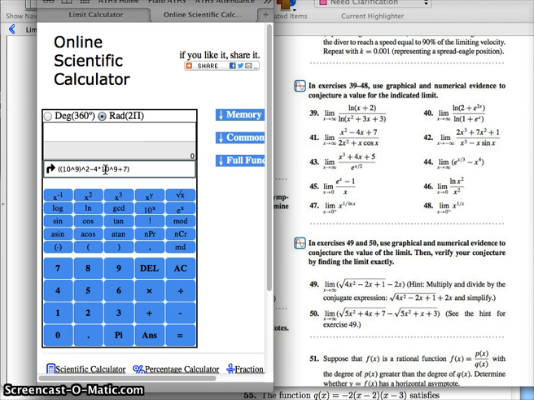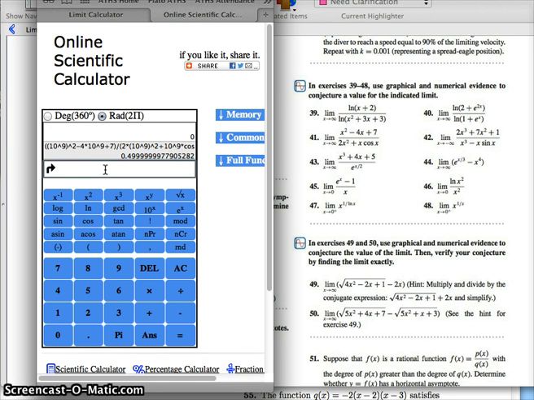Close brackets, so that's my numerator. Divide by, open brackets, 2 times 10 to the 9th squared plus 10 to the 9th times cosine of 10 to the 9th. Close brackets for my denominator.